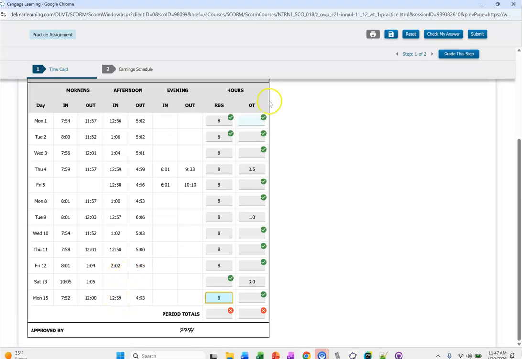And then let's check those. That all checks out. And then we just add up. So 8, 16, 24, 32, 40, 48, 56, 64, 72, 88, and then 7.5.